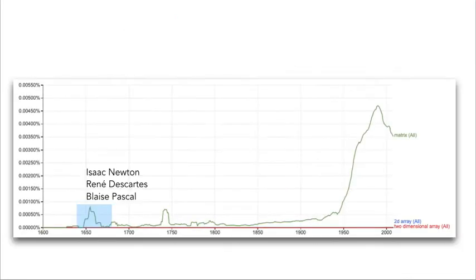And that's the interesting piece here: yes, the idea of a matrix took root in the mid-1600s, in the era of Isaac Newton, René Descartes, and Blaise Pascal. Descartes is where we get the Cartesian graphing system, so the two-dimensional graphing surface. So the idea of 2 dimensions or 3 dimensions, and the way of referring to them, came from way back there.